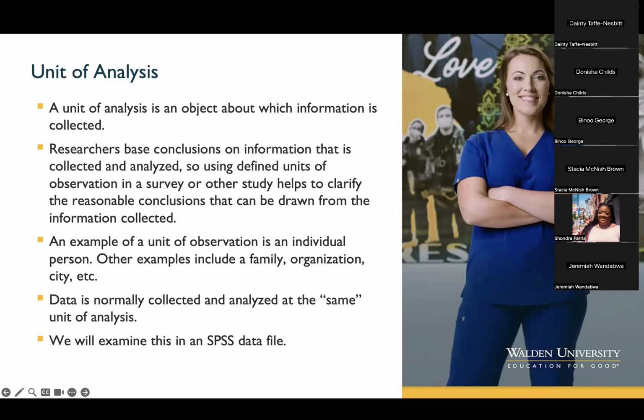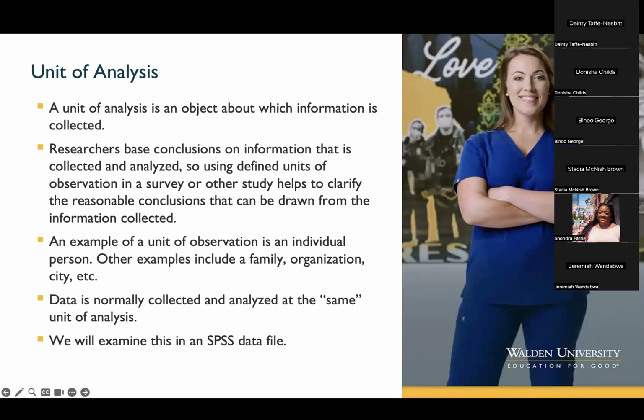But now, units of observation can span beyond just the individual. It can be a family, an organization, a city, etc. So for example, you could be conducting research where you're collecting data at the city level. For example, the city of Tampa, the city of New York, the city of San Diego. You may be collecting, say, the population data and other things like that.